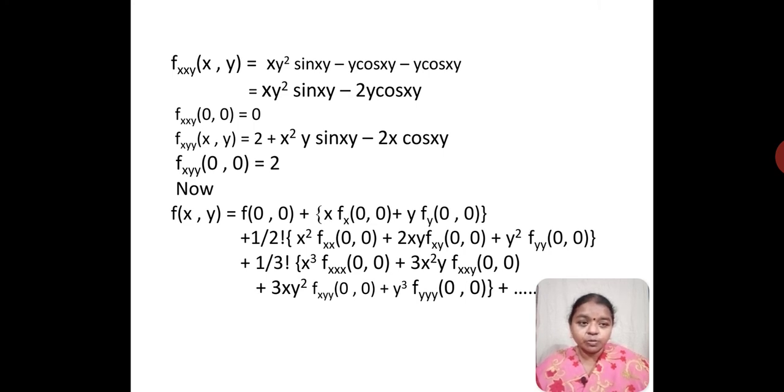Since we have up to third degree term, we are going to extend this, plus 1 by 3 factorial into x cube f triple x of 0 comma 0 plus 3x square y f double x y of 0 comma 0 plus 3xy square fx double y of 0 comma 0 plus y cube f triple y of 0 comma 0 plus and so on. So this is the formula till third degree term.